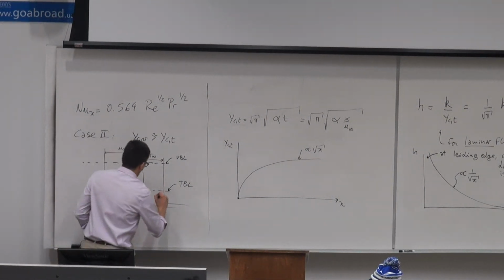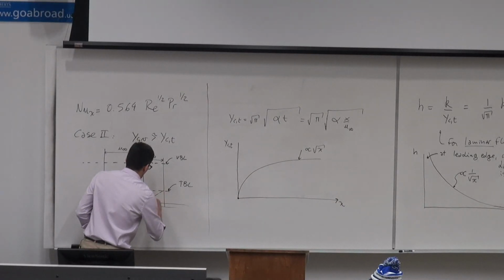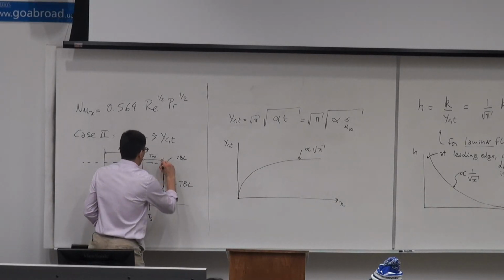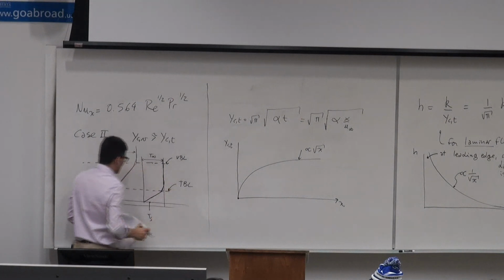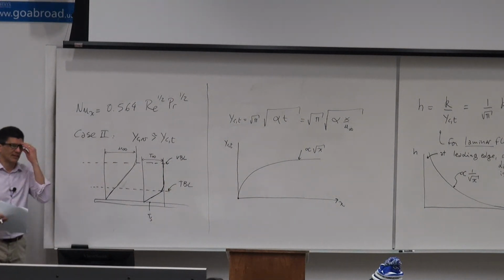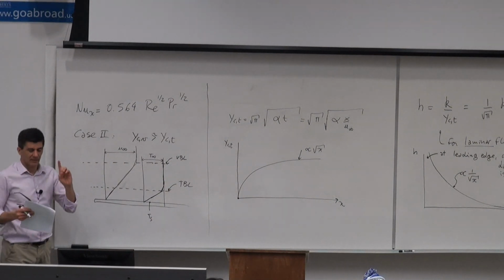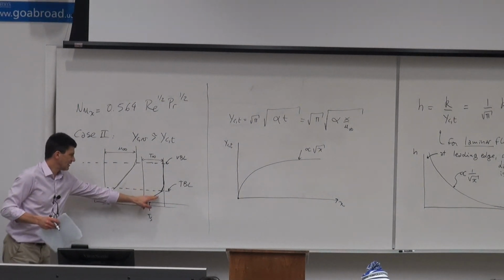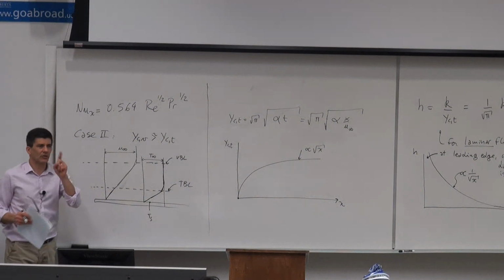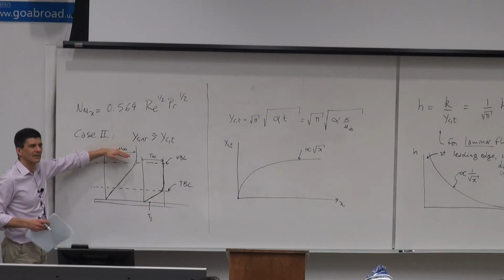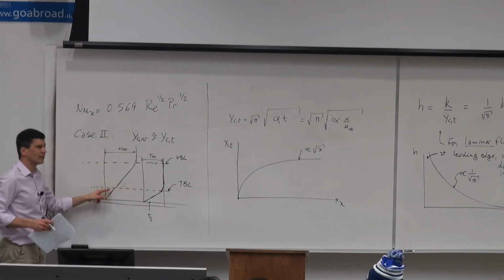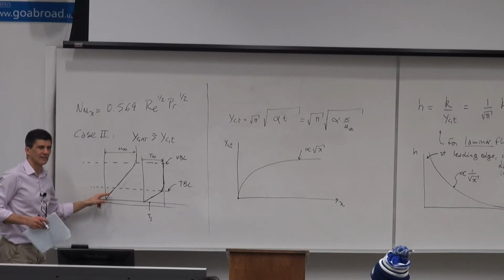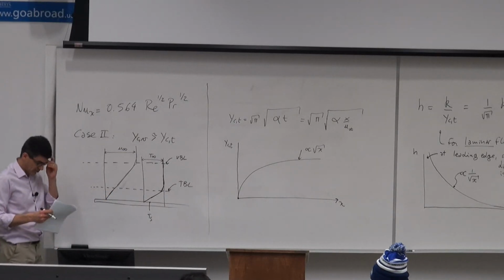Thank you. Now the story got interesting, because the velocity inside the thermal boundary layer is not anymore U infinity. The velocity in the boundary layer is something else that is less than that. You see that? It got interesting, of course.